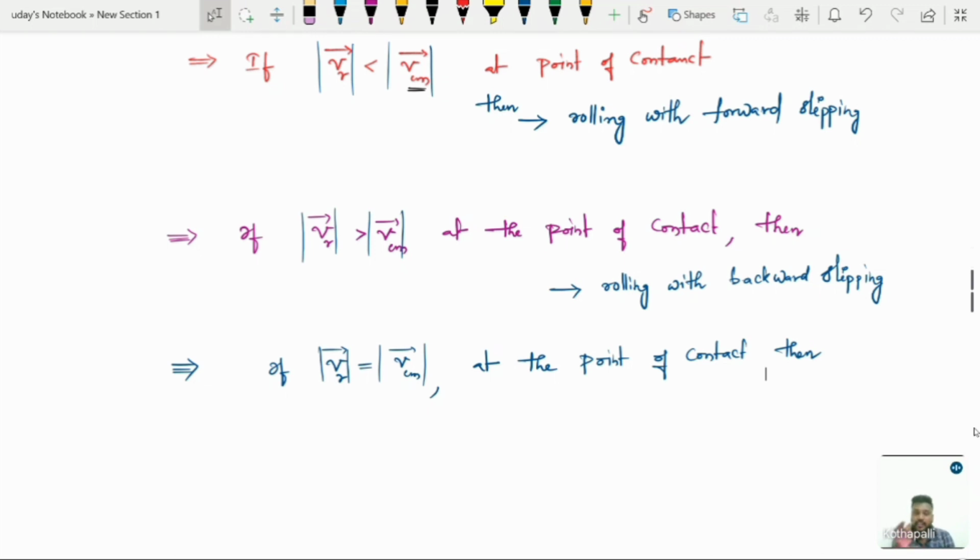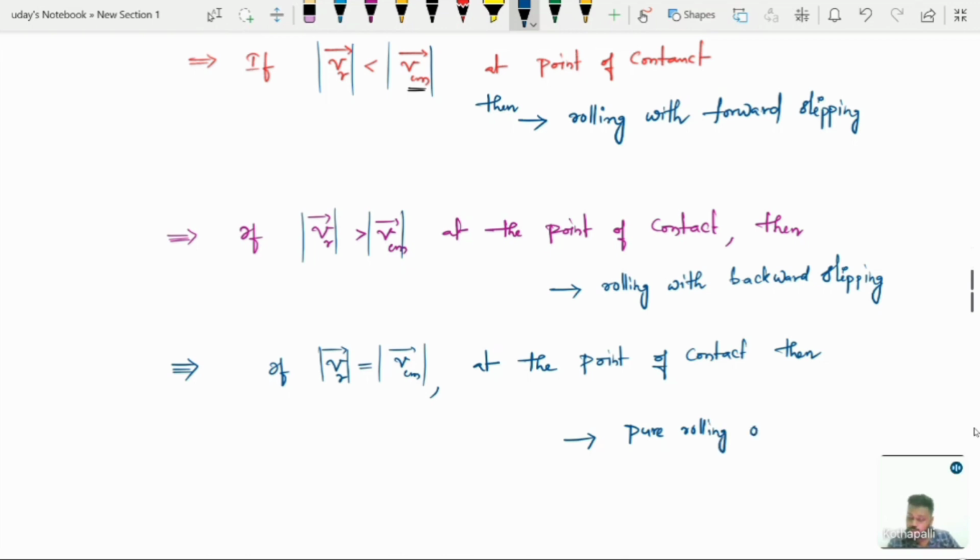That point of contact at every instant has the same forward and backward velocities, so that particular point of contact will appear to be at rest with respect to the ground, which we will call pure rolling motion.